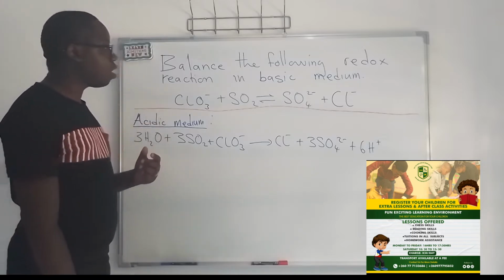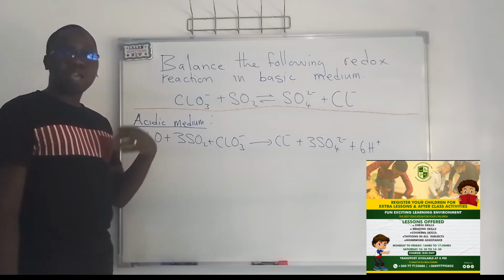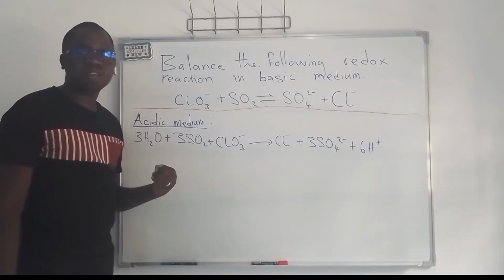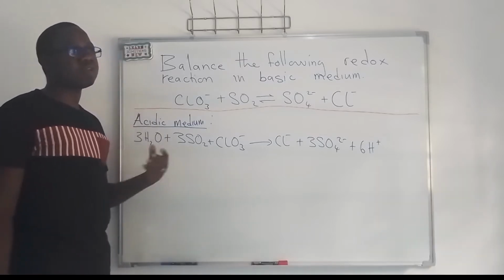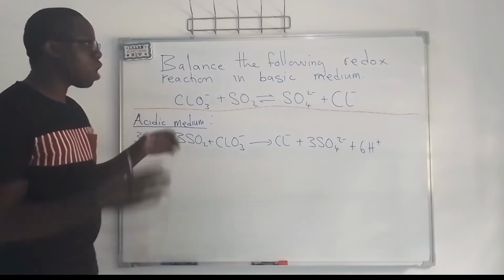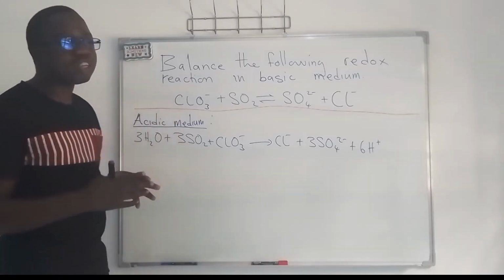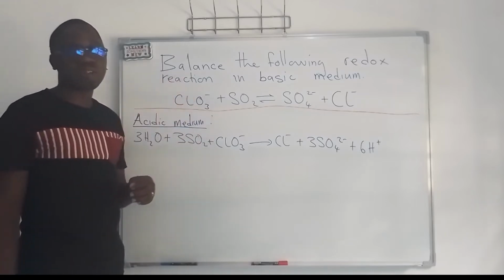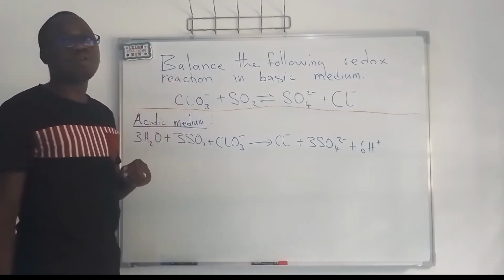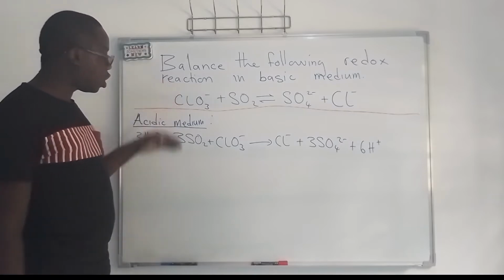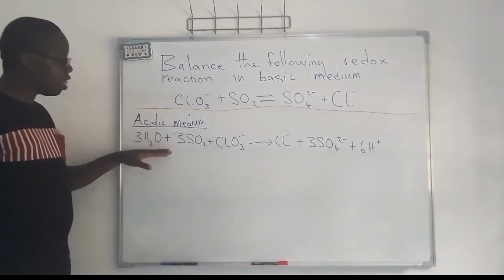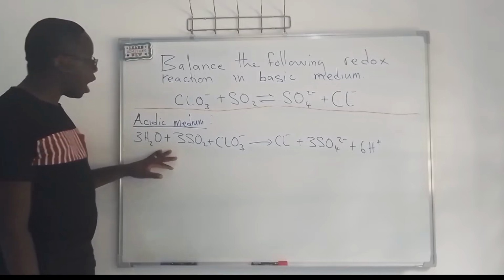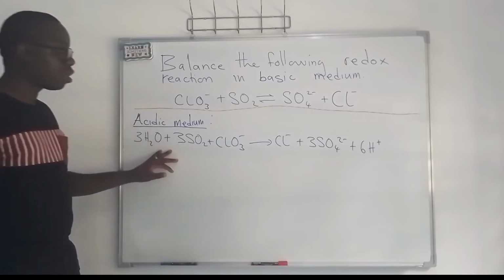After you balance the electrons, you equate the electrons gained to the electrons lost. Thereafter, you add back the two reactions, the oxidation reaction and the reduction reaction. If you do all those steps with this question, you should find this as your answer in acidic medium.